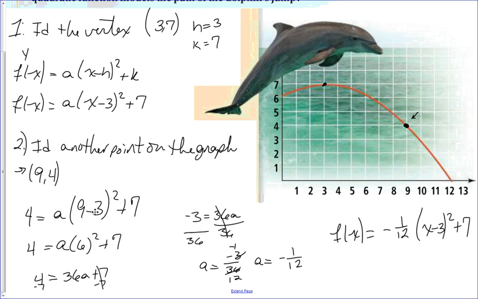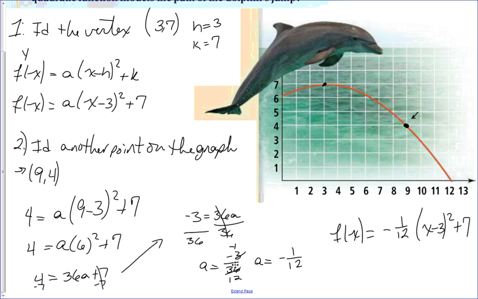So 9 minus 3 is 6. 6 squared is 36, so we have 36a plus 7 equals 4. We subtracted the 7 from both sides to get negative 3 equals 36a. Divided both sides by 36 to get a equals negative 3 over 36.